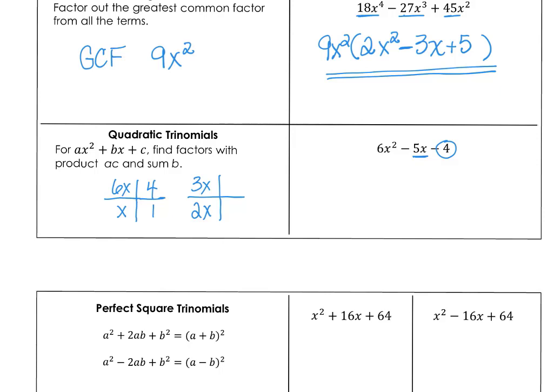And what I'm thinking about is 6 times 1 and 4 times x. Well, 6x and 4x can't be combined to give us negative 5. And if we tried that with 2 here and a 2 here, we're going to see the same thing. 12 and 2 will never give us negative 5 in the middle.